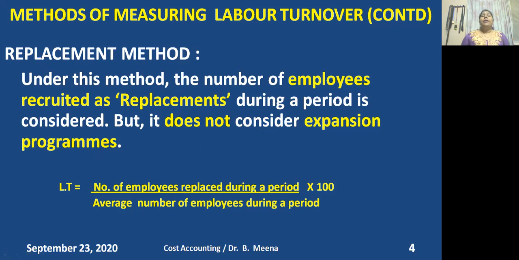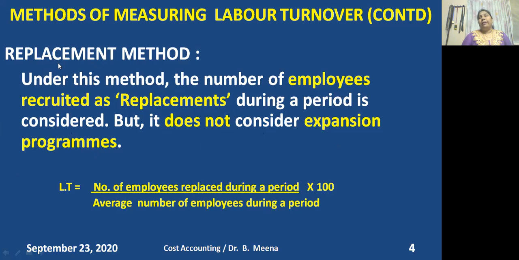Okay, I want to start another unit. For that, I'm going to recruit employees. Those employees will not be considered, because those employees are recruited for the expansion of one more unit, right?